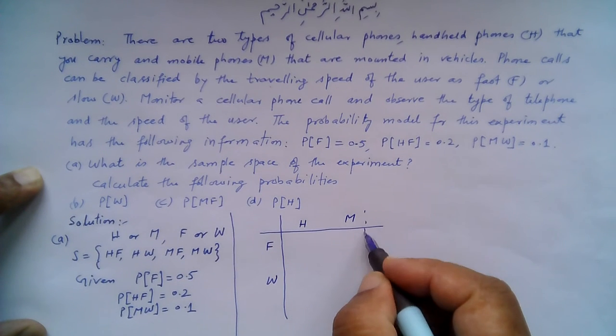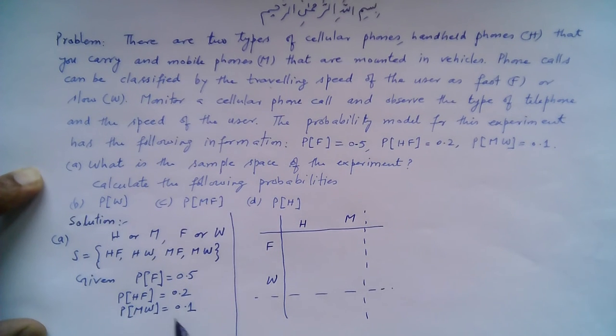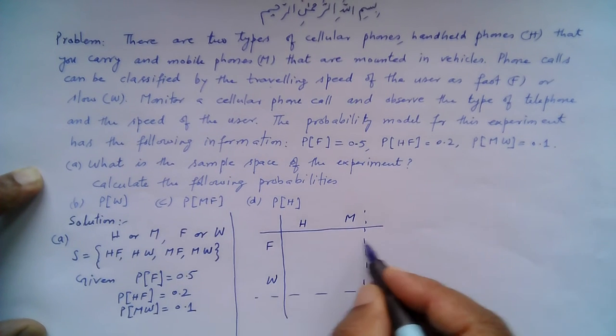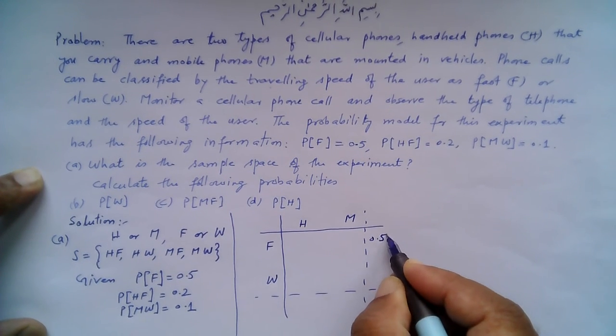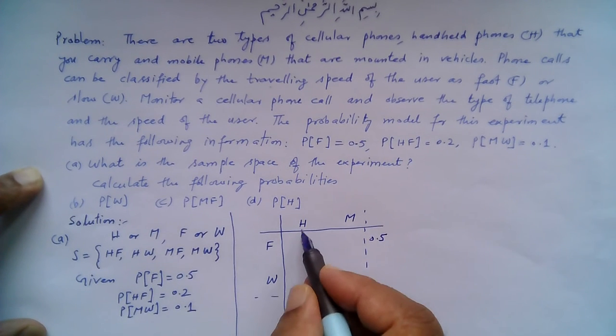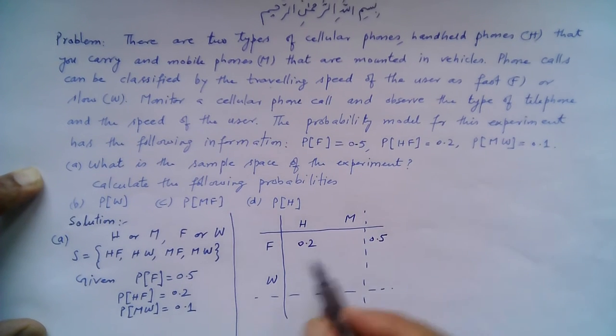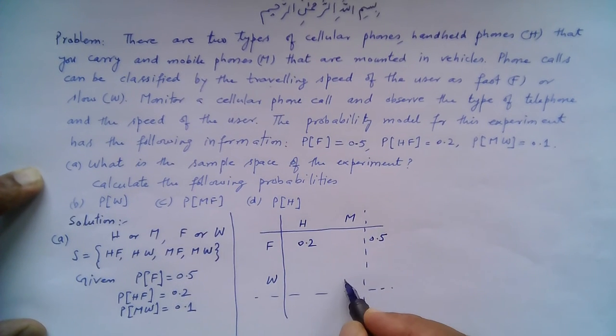So we are given that the probability of phone being fast is 0.5. So this is 0.5 here on the margin, right? HF is this, this is 0.2, and MW, M and W, this is 0.1.